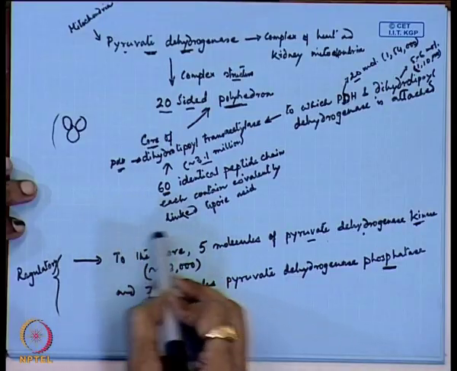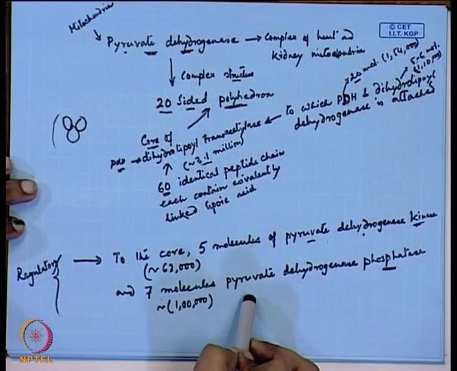Now, we will come to this complex structure and we will also see the role of these 2 enzymes as far as the regulation of the TCA cycle is concerned.